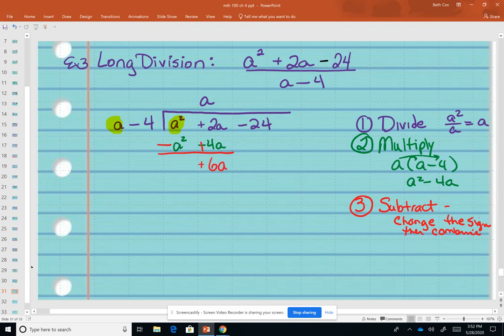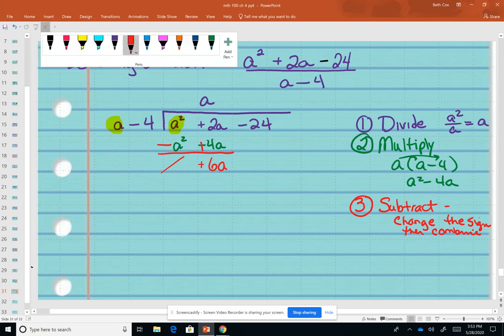And then a to the second minus a to the second is 0. So technically that's 0. I don't need to write 0. Some people just put a slash through it like that. I don't even think I want to do that. Okay? But that's gone. I don't have anything right there. So that's the subtract step.